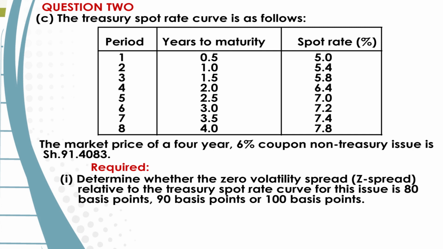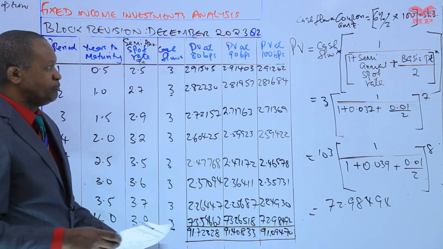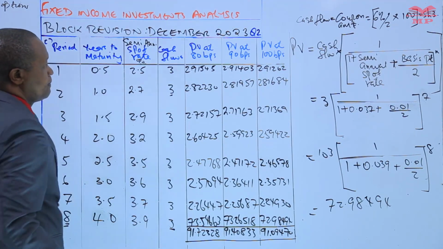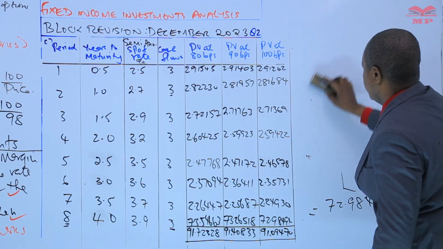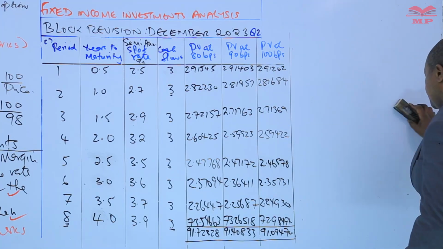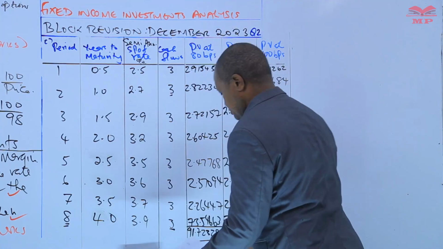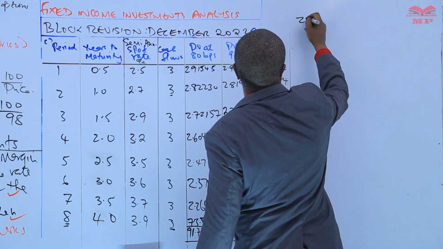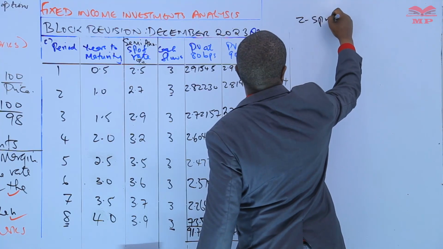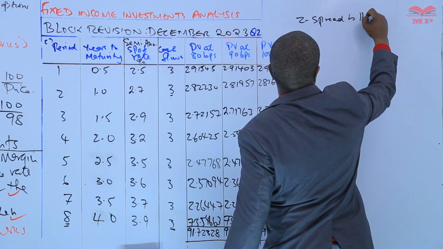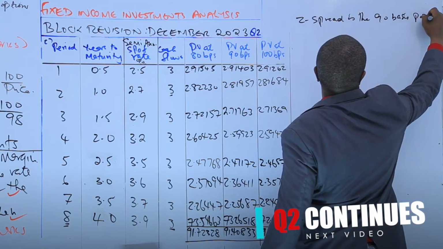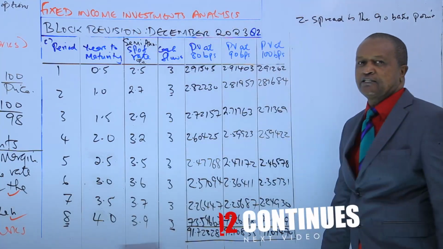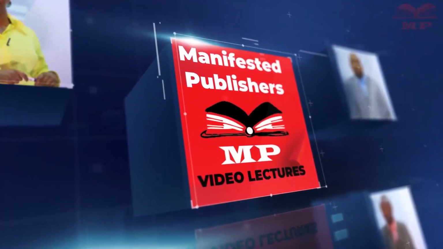The answer is the Z spread is the 90 basis points. That is the answer.